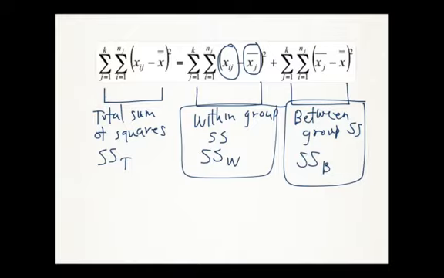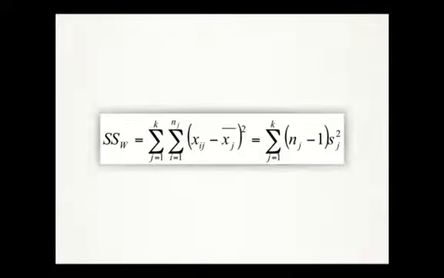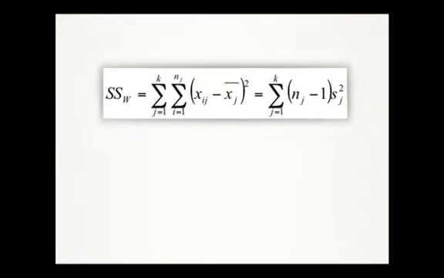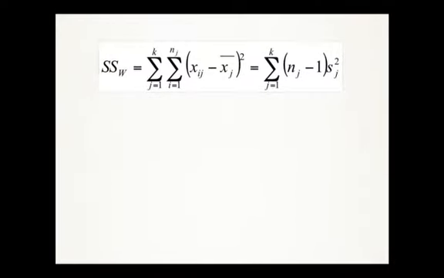Okay, so just a few more of these equations. So the within group variability, remember that is the sum of squares within, can be further broken down in terms of individual group standard deviations, right?